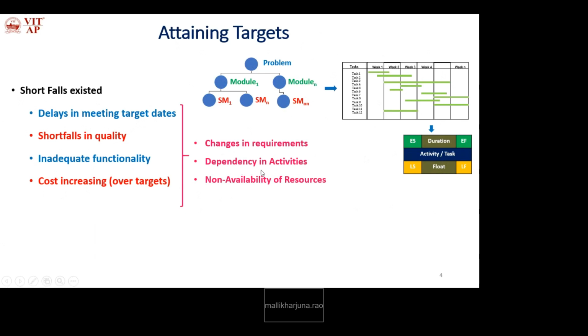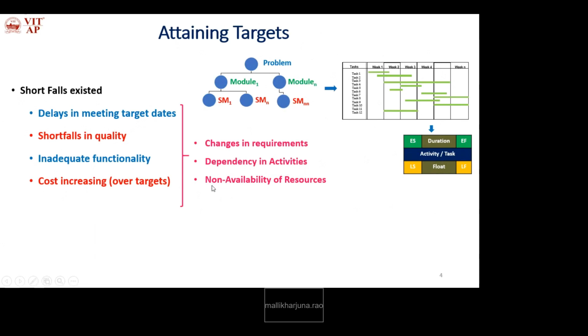Why do dependencies exist? Because we are not solving the problem as a single unit. It is further divided into various modules, modules into submodules, submodules into sub-submodules. So definitely dependency exists. When dependency exists, there is a possibility of critical activities. Okay, so we need to overcome the critical activities.